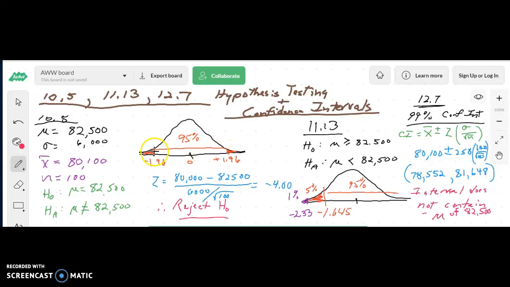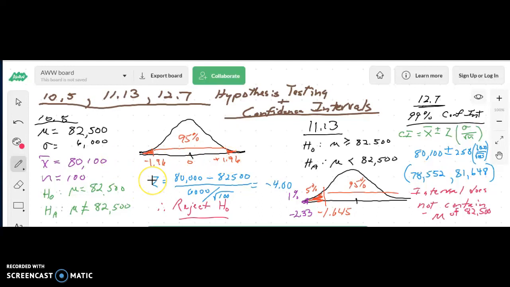And we do this prior to taking the sample. This is based on 2 things again. The fact that it's not equal to means that we're going to have 2 tails, and the 95% was given in the problem. And that gave us z-scores of negative 1.96 and positive 1.96 as our make or break points. Those are our critical values.